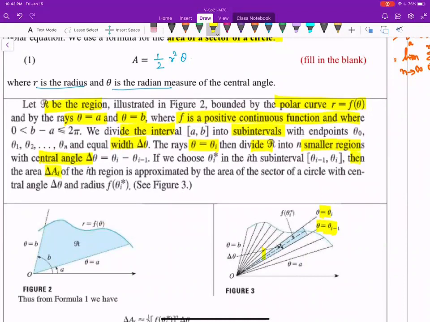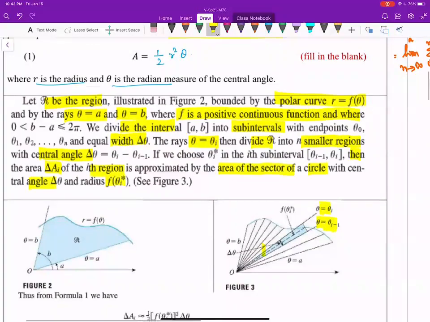Then delta A i is the area of the ith region, approximated by the area of the sector of the circle with central angle delta theta and radius f of theta i star. If you take any value of r, it will be f of theta i star in the interval theta i minus 1 to theta i.